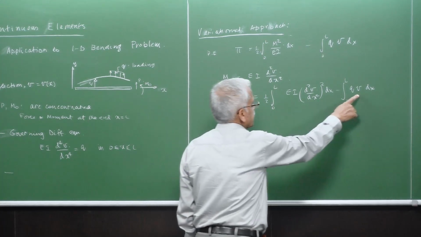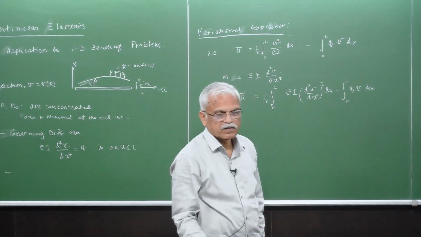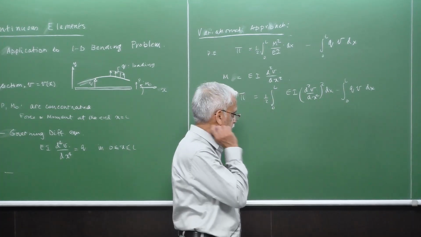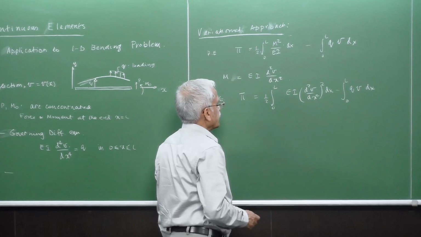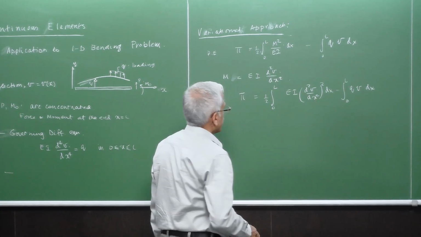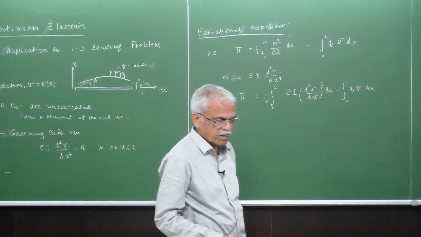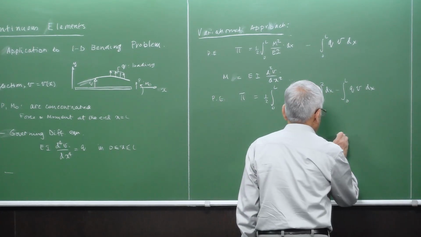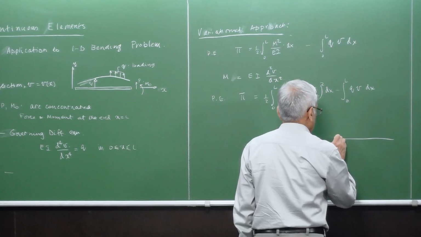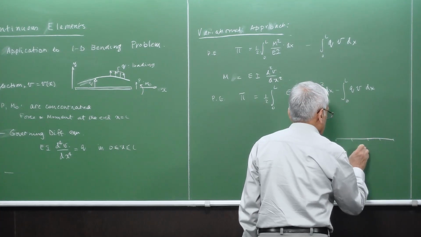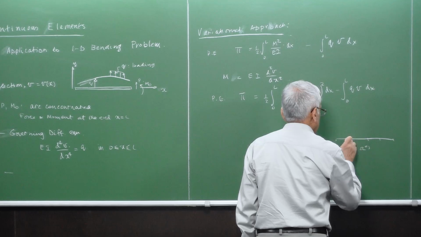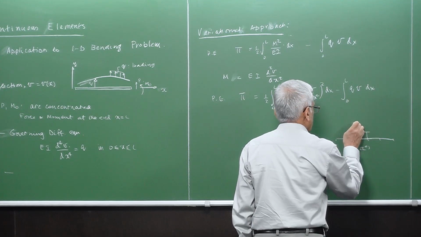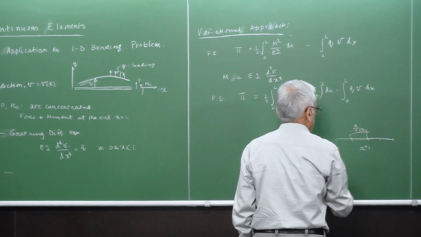This is the elastic energy, and then this is the work of external force with a negative sign, so that will constitute the potential. So here now we will convert this v. So you take a general element here and then we have to write the v approximation.